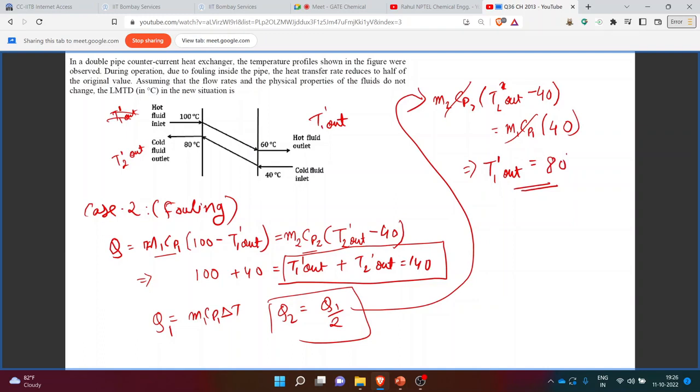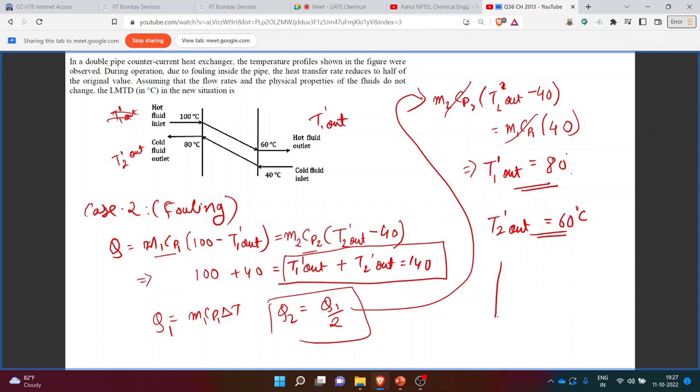And similarly, from this correlation we will be getting T2 dash out as 60 degrees Celsius. So for the hot fluid the temperature will be 80 and for the cold fluid it will be 60.